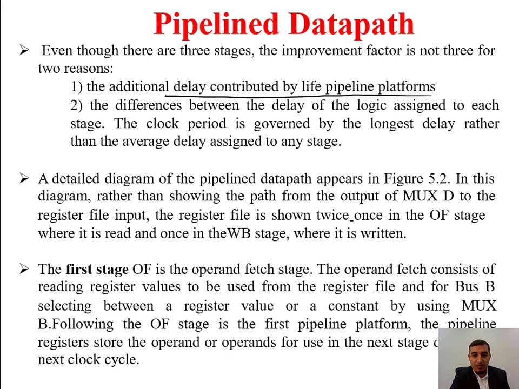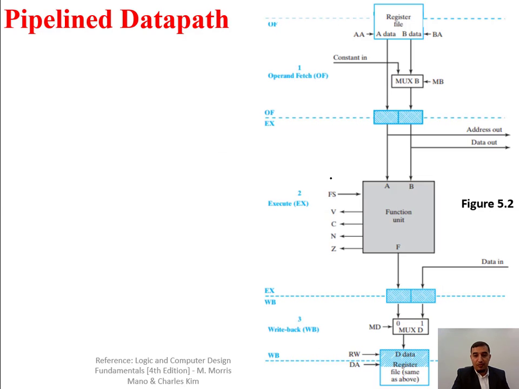A detailed diagram of the pipeline appears in this figure, and you can see how things are going. Here is data A, here is data B, here is the function unit, here is data N, and this is the register file.